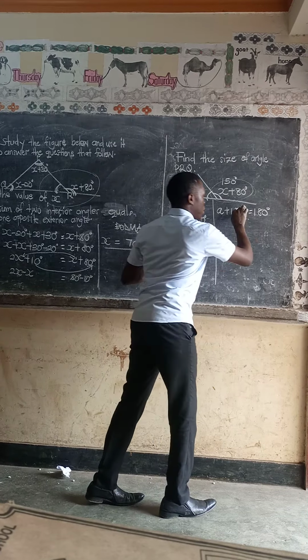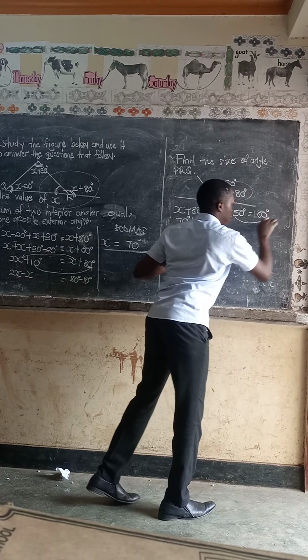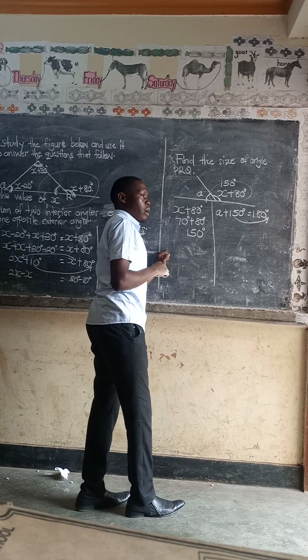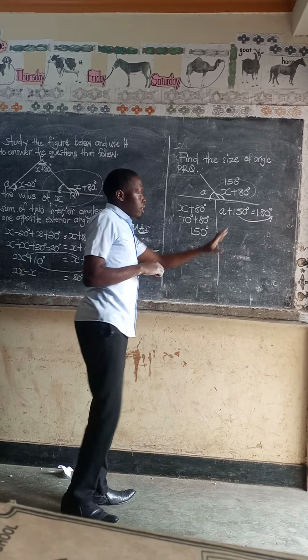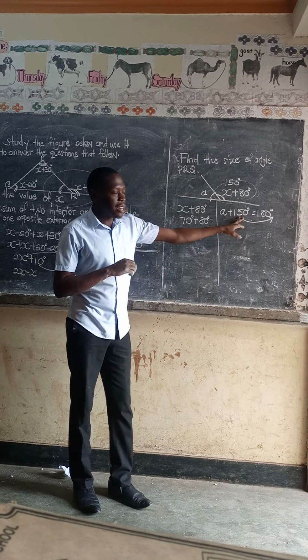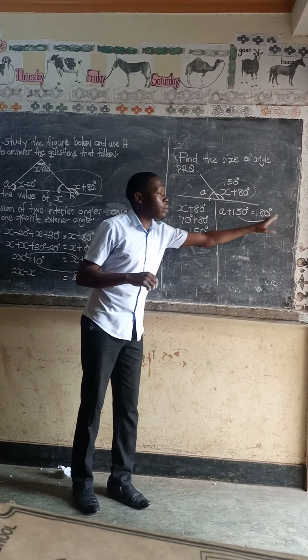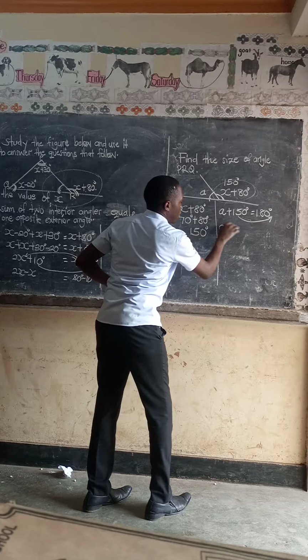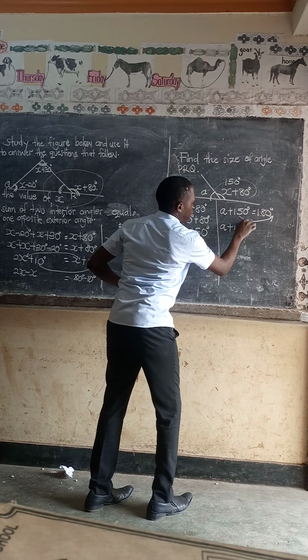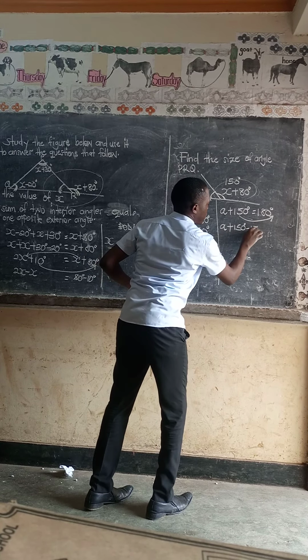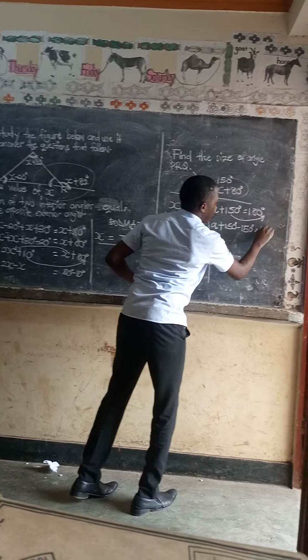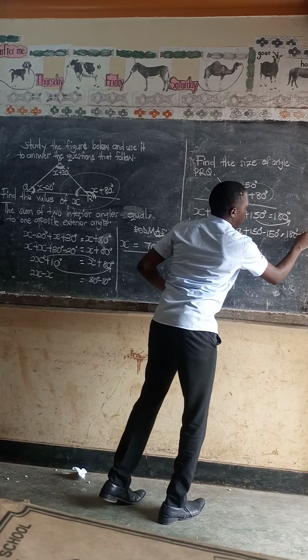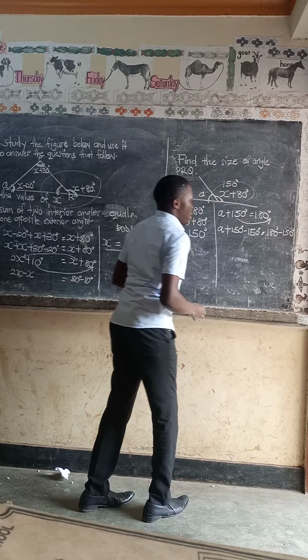Next, take 150 there. How will 150 move there? 150 on the left hand side is a positive. When it crosses the equal sign, it becomes a negative. So we shall have A plus 150 degrees minus 150 degrees is equal to 180 degrees minus 150 degrees.